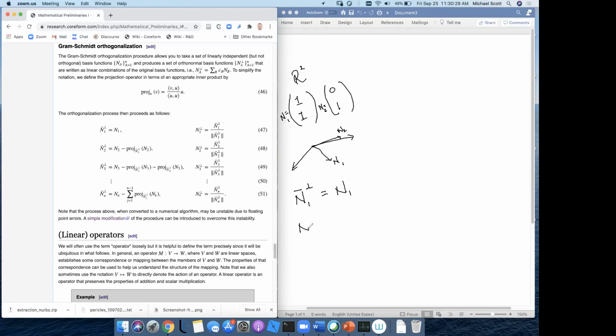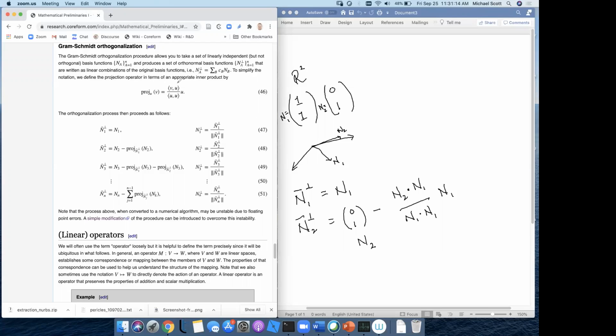And then N2 perpendicular is going to be 0, 1, which is N2, minus the projection: the inner product of N2 with N1 over N1 dot N1, times N1.